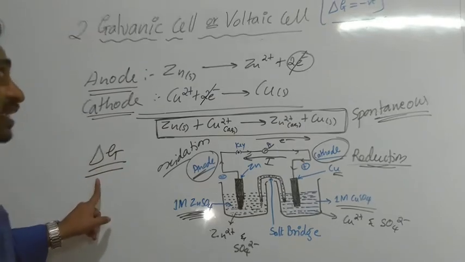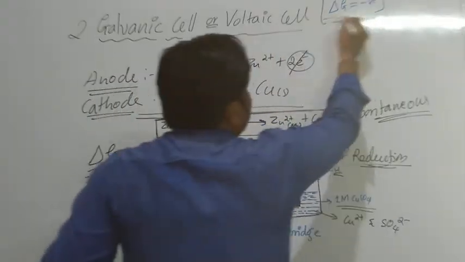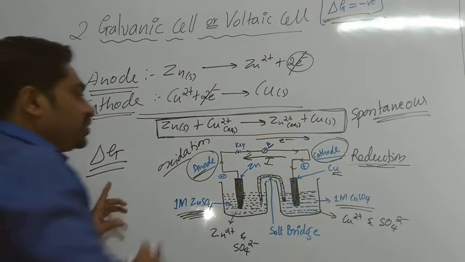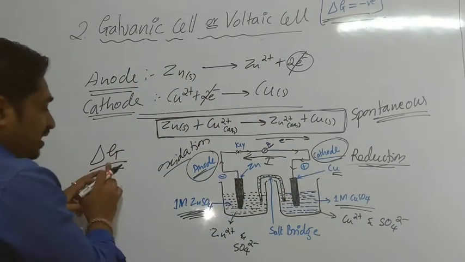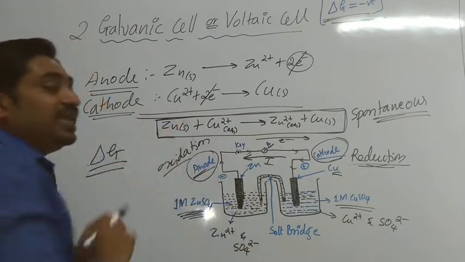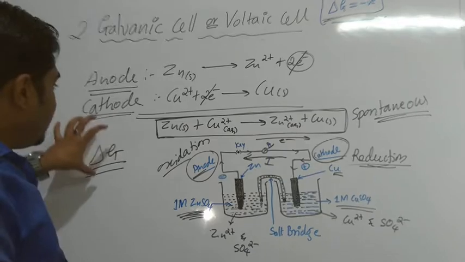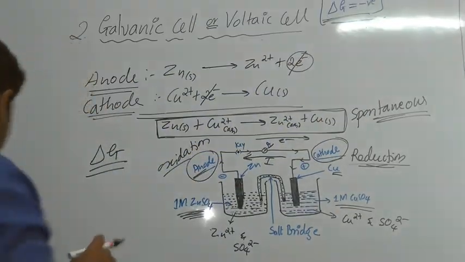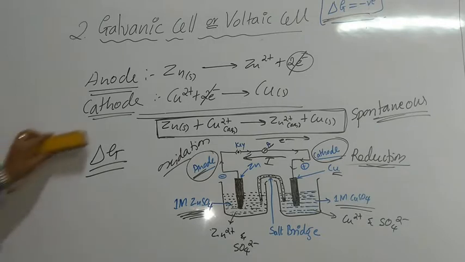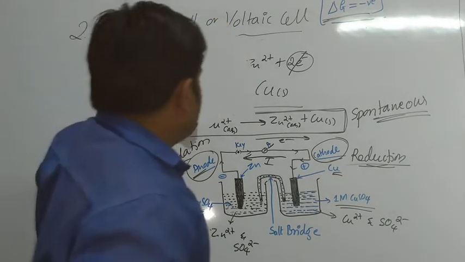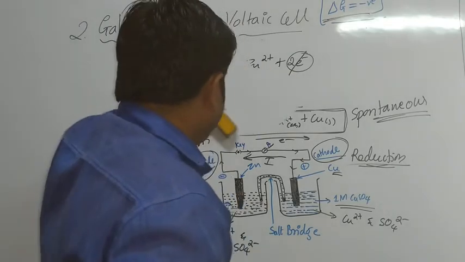Because of that, for these reactions delta G is negative. The Gibbs free energy released in this chemical reaction is converted into electrical energy. Because of that reason, they are called galvanic cells or voltaic cells. So this is the story of the galvanic cell or voltaic cell.